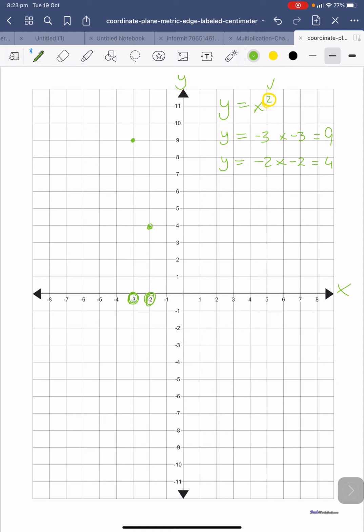Now, you can already see that this is quite a big jump, so I'm interested to see whether or not it's going to make the same jump. Now, negative 1. Y equals negative 1 times negative 1. Now remember what we're plugging this in for. We're plugging this in for that x value right there.